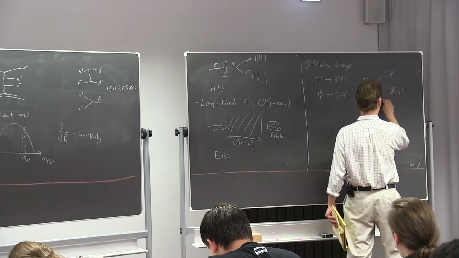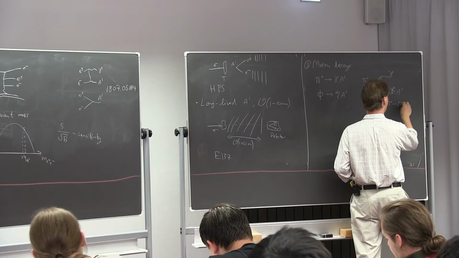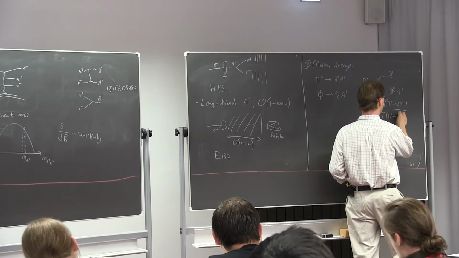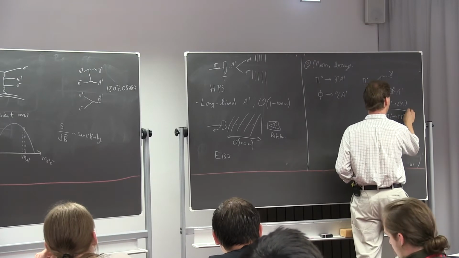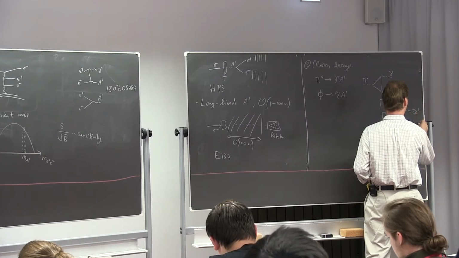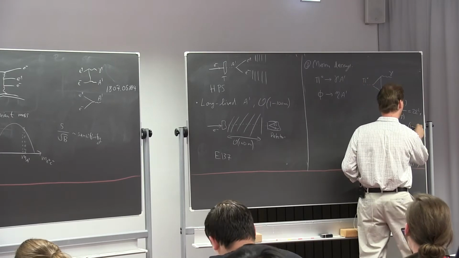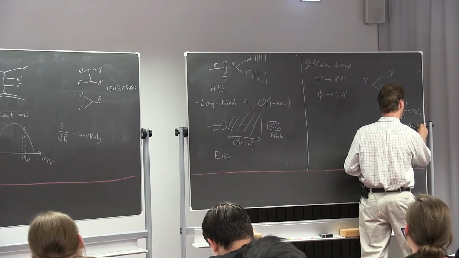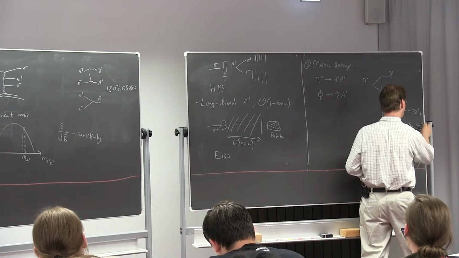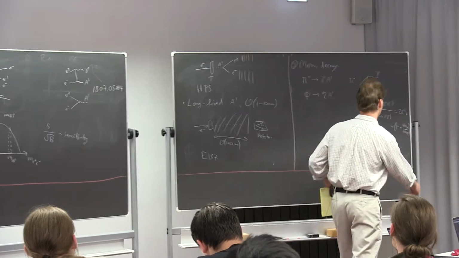And the branching ratio, or the width for the pion to decay to gamma A prime, divided by the width of pion going to gamma gamma, is going to be given by 2 epsilon squared, apologies for writing this on the side, times (1 minus m_A' over m_pi), and this must be squared.